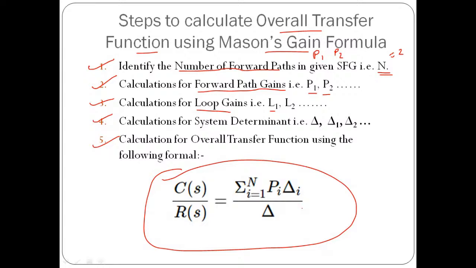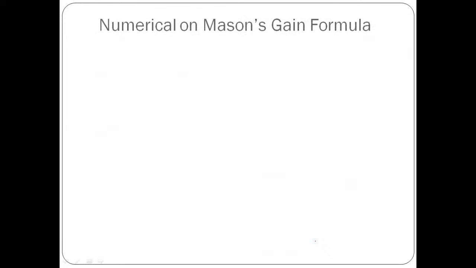Once you have done with this, now let us try to solve some numericals on Mason's gain formula.